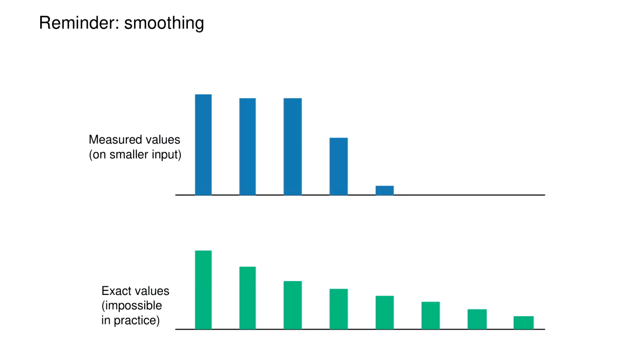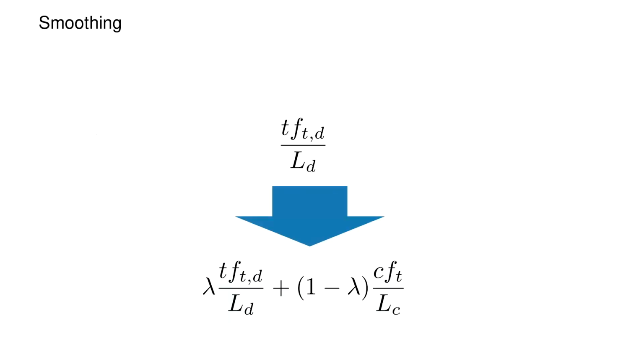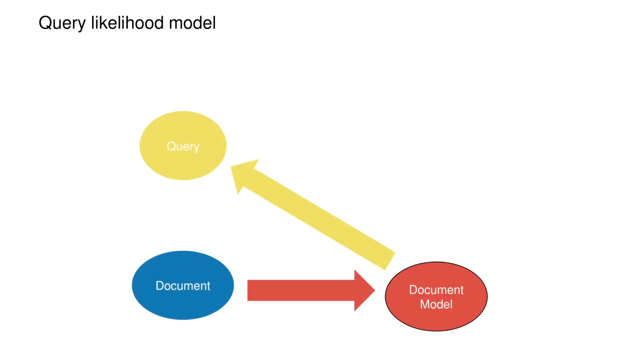And that takes care of the smoothing, right? Transforms it into something a bit more smooth that's not going to have too many zeros in the probabilities. Who is with me? Right? So we just tweak it a little bit to nudge it in the direction of the collection frequency. That is the query likelihood model, where we generate the models from documents.